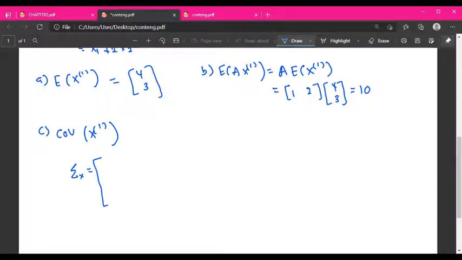Okay, saya tulis balik. Yang ni pun diberi 3, 0, 2, 2, 0, 1, 1 and 0, 2, 1, 9, negative 2, 2, 0, negative 2 and 4.